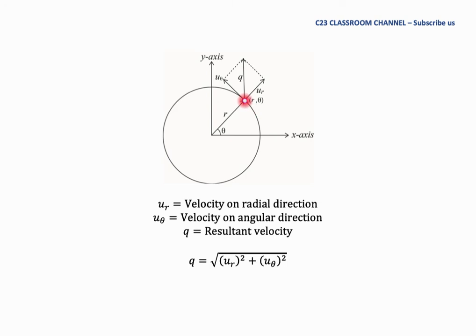Another component velocity is u theta, meaning the tangential velocity of this molecule with respect to the angle theta here. And then the resultant velocity can be expressed as this arrow, and it can be calculated by using this equation. So the resultant velocity is the square root of ur squared plus u theta squared.